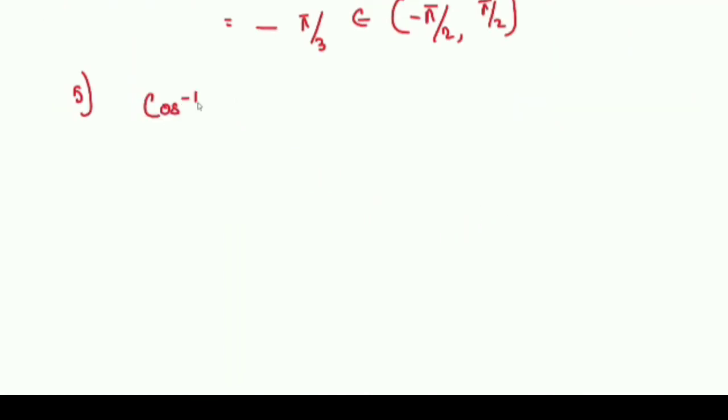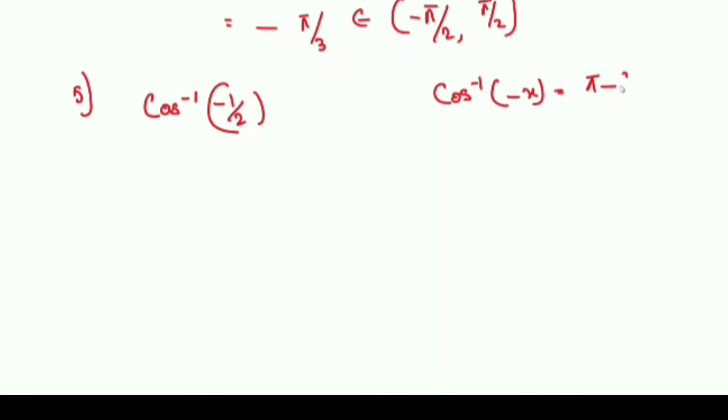Cos inverse minus 1 by 2. I am using the property here for cos inverse of minus x. Remember cos inverse, secant inverse and cot inverse of minus x will be pi minus that function.